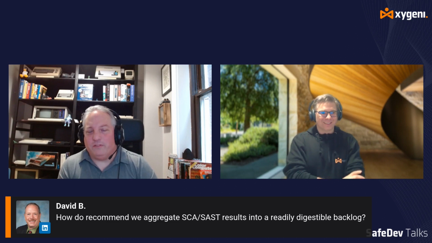I also just realized that David could have had another meaning to his question. If he's talking about the technical standpoint of how you actually get from your SAST and SCA results into a backlog, that's a different question. A lot of the tools support it, like we were talking about with Jira or some of your other tools.